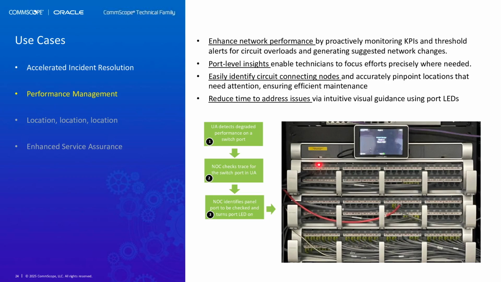We can use their API to immediately guide an engineer to a specific location within the rack where Unified Assurance believes there is an issue occurring, whether it's bandwidth or any other, maybe someone jostled a port and it came loose. We can alert that, hey, there's a disconnect here that you may need to take a physical look at.